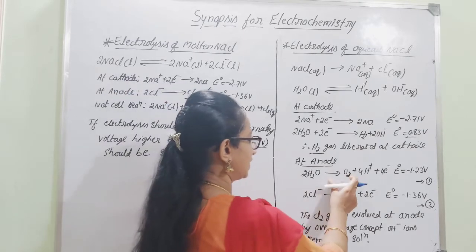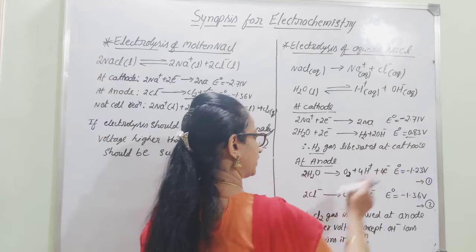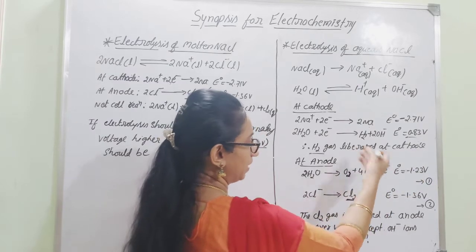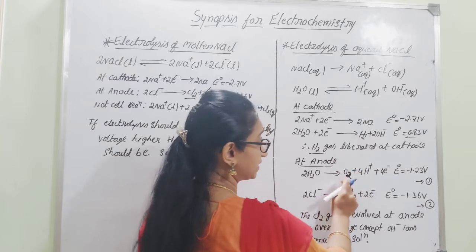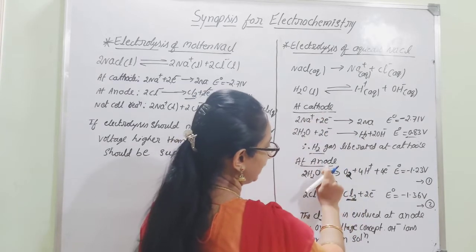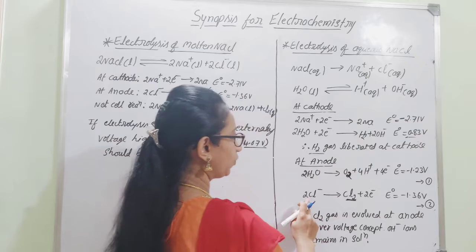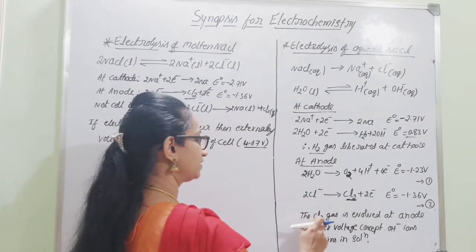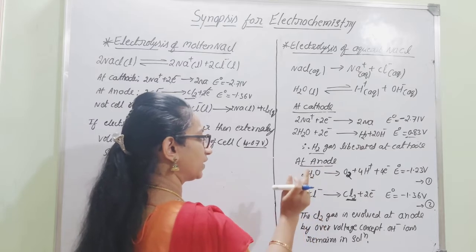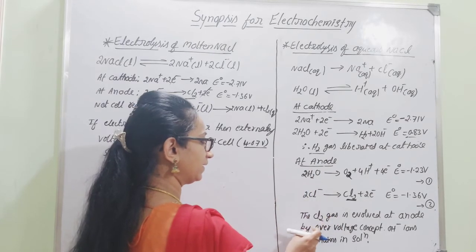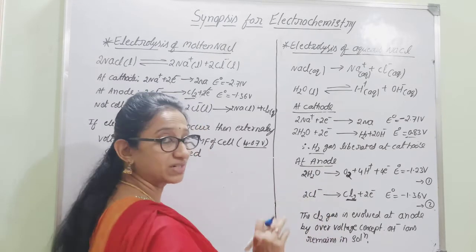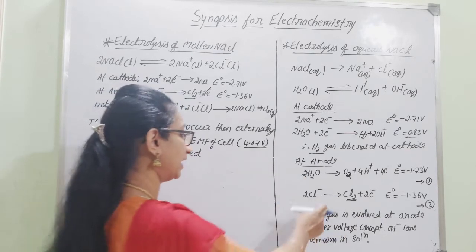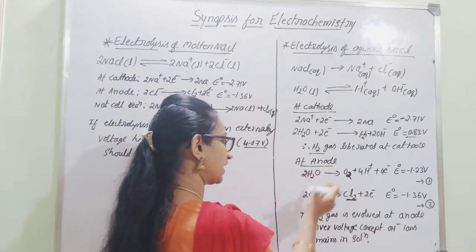Even though this reaction has a higher reduction potential value, oxygen gas would have been released at the anodic region. But why is there release of chlorine gas? It is because the water molecules present in the bulk require extra kinetic energy for movement towards the opposite electrode, the anode.